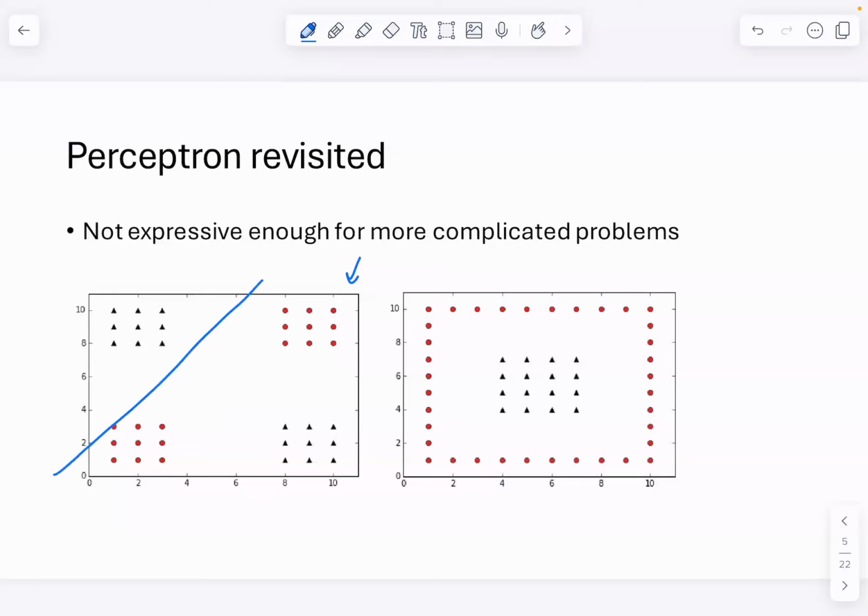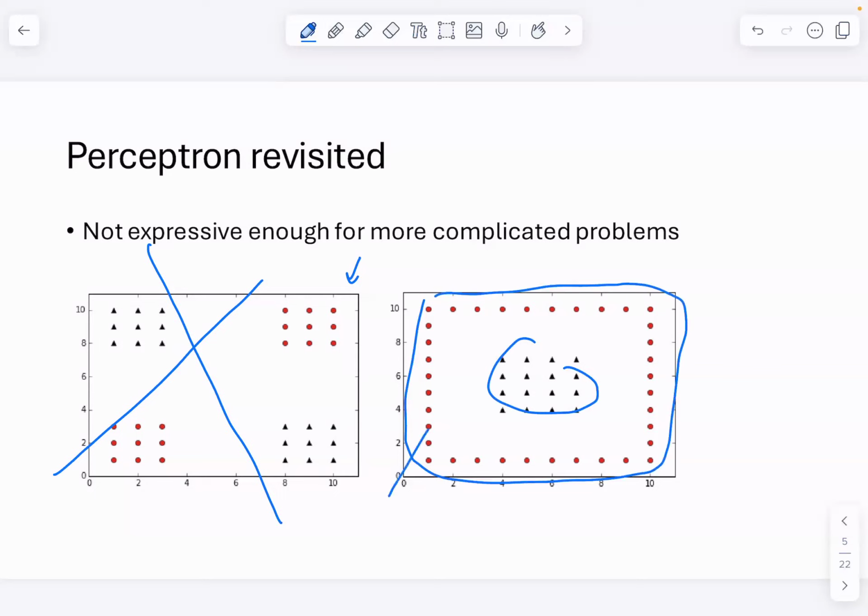No matter how you draw a linear line, you cannot perfectly separate these two clusters. This means that this linear classifier is not expressive enough. Similarly for this second graph, if you have this cluster here and another cluster here, you cannot simply draw a line to separate the two clusters, right? So this is the limitation of the perceptron algorithm in its plain form.